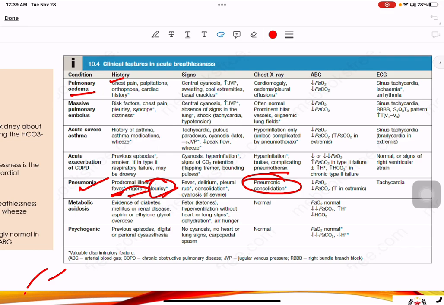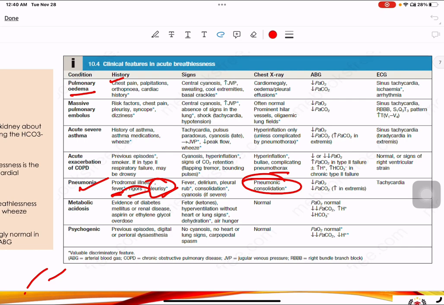Metabolic acidosis is an important cause of shortness of breath. There will be a history of diabetes mellitus, renal disease, aspirin or ethylene glycol overdose. On examination, there will be a ketone smell on the breath. The patient may have hyperventilation. There may be no sign of heart failure or lung disease.